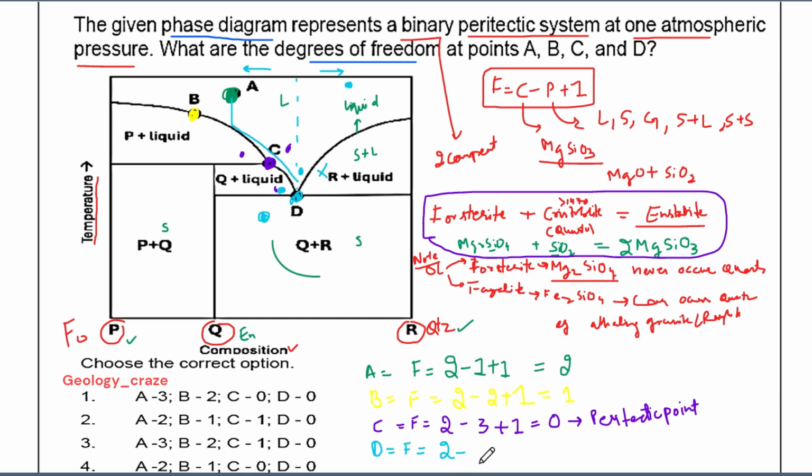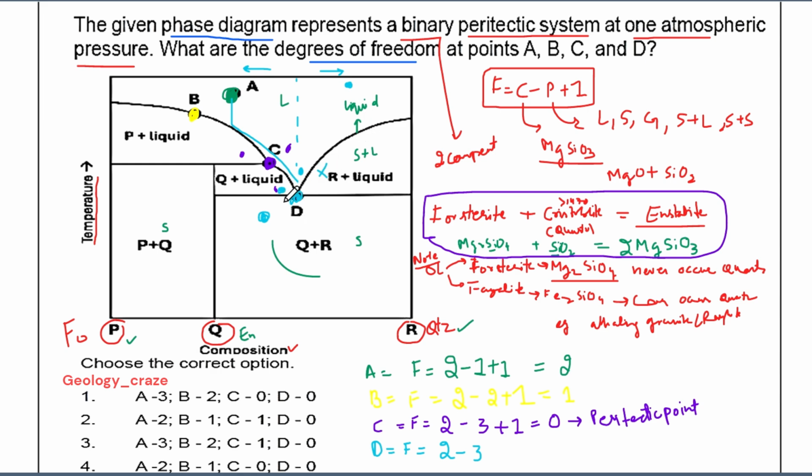So the phases are 3. Most people make one mistake at this point. They will calculate 1, 2, 3, and this one also. We need not add this one. Why? Because this is not a part of the system right now, because our magma is cooling from this way.